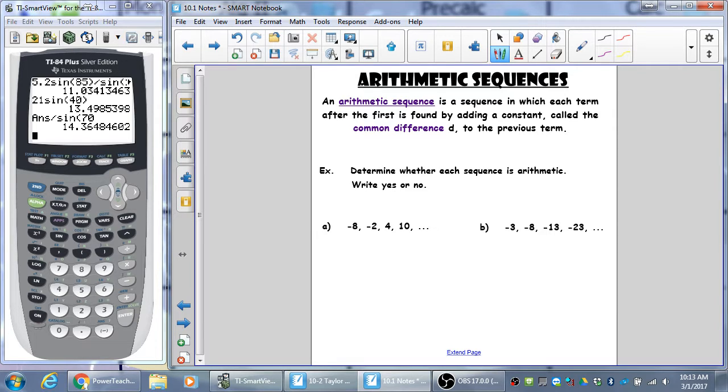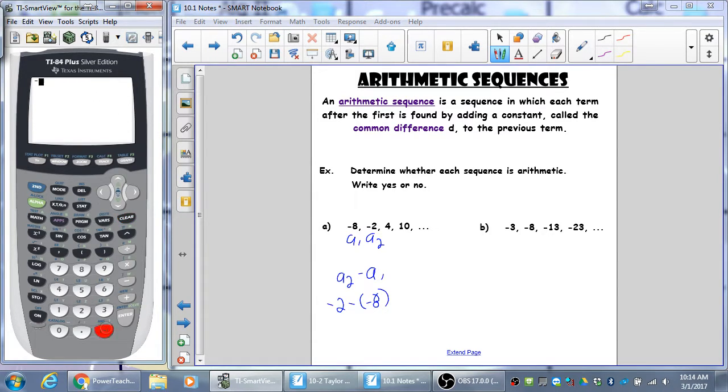So if you pick any 2 consecutive ones, like pick a sub 1 and maybe a sub 2, the most convenient. Take a sub 2 minus a sub 1. So like negative 2 minus negative 8. So take the second one minus the first one to see what we're adding, if we are actually adding.